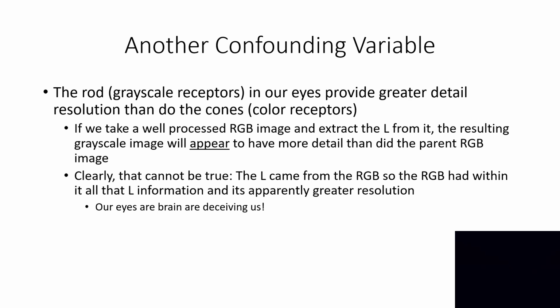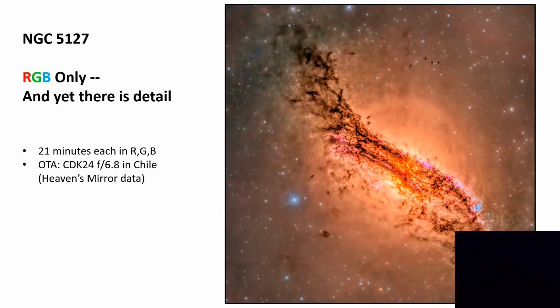Clearly, it can't have more detail than the RGB, since that's where it came from. So why does it appear to have more resolution? Well, that's our brains and our eyes deceiving us. Nothing we can do about that. But yet, the detail is not in the L, it's in the RGB.